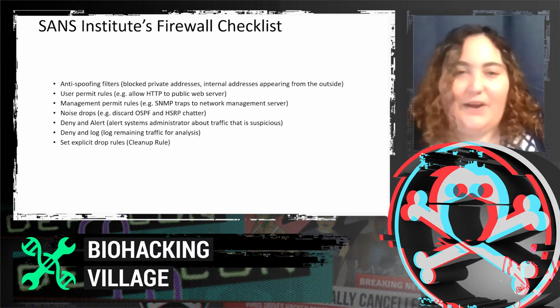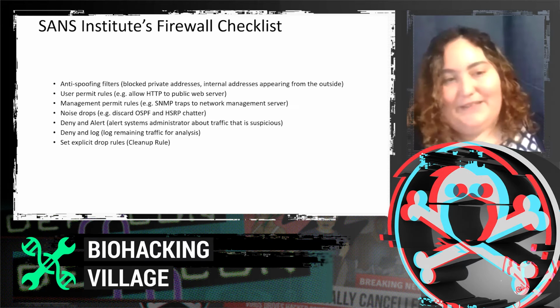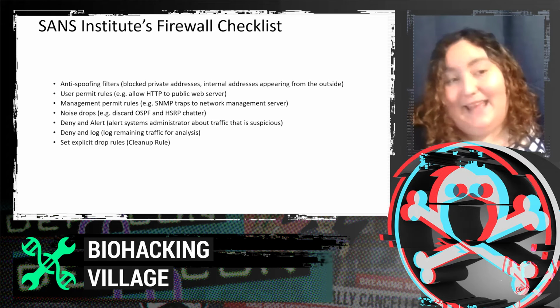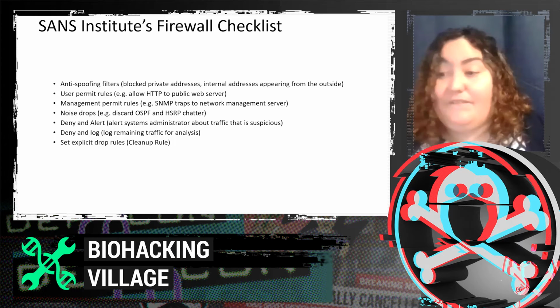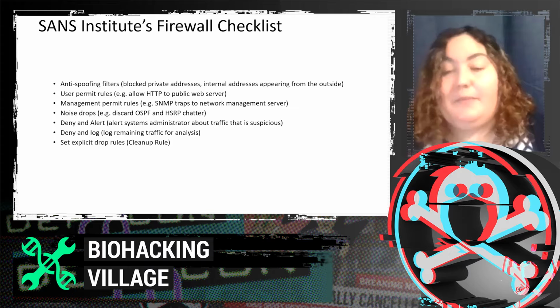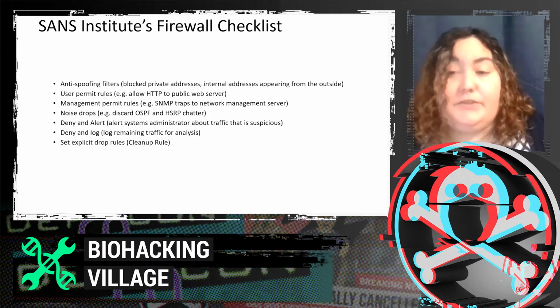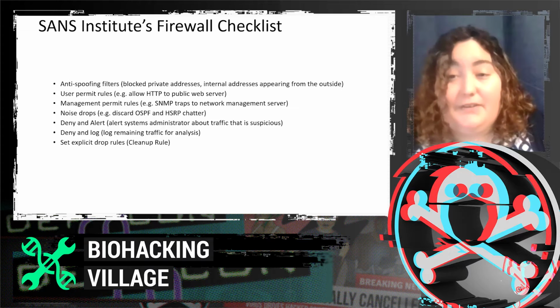SANS has some great firewall information, and I'll have links to that in the resources at the end of my deck. They also have a firewall checklist. The main purpose of the firewall is to drop all traffic that is not explicitly permitted, as a safeguard to stop uninvited traffic from passing through.